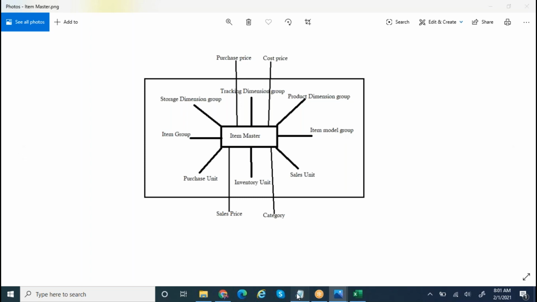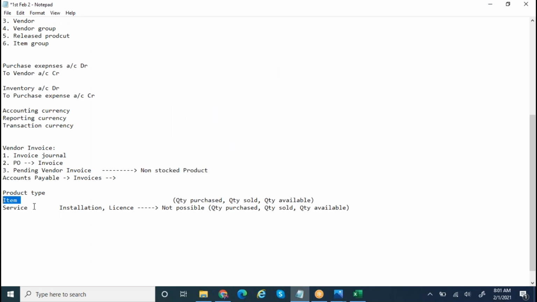For both item type service, which means installation, license, something of that kind, and item type item, like this cleaning cloth. If I am purchasing it for sales, then I can use a normal item. This is for my internal purpose, so these two are non-stocked product.